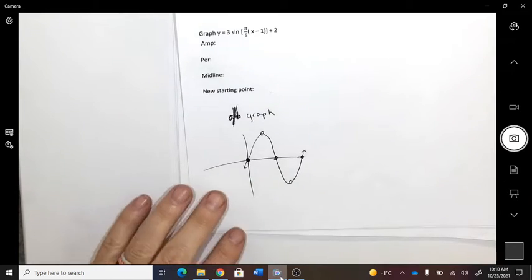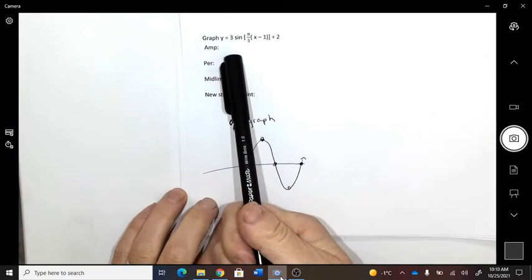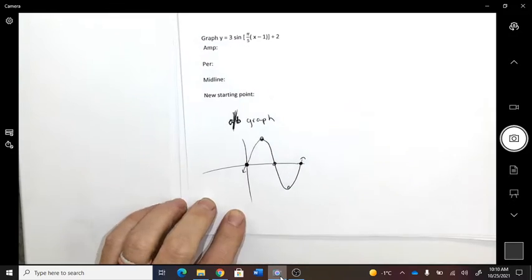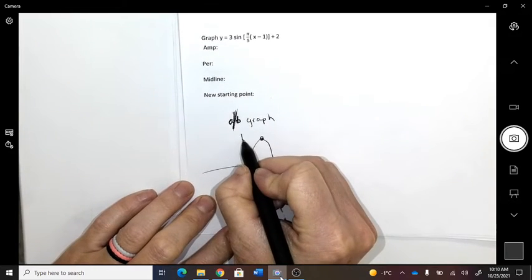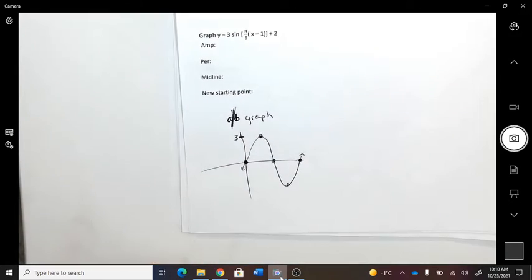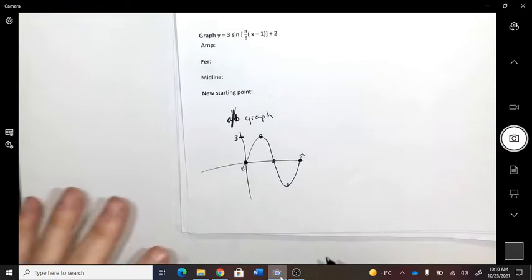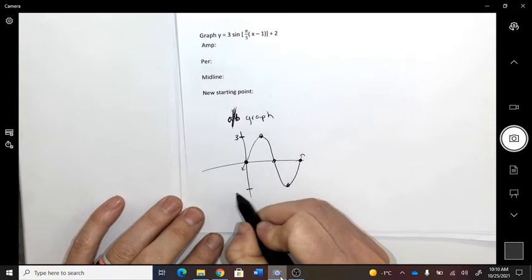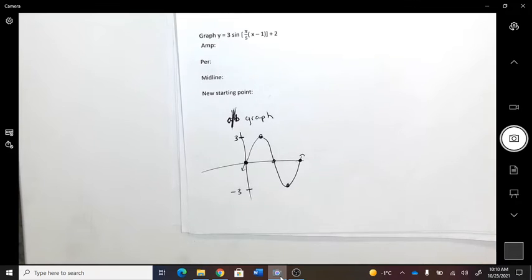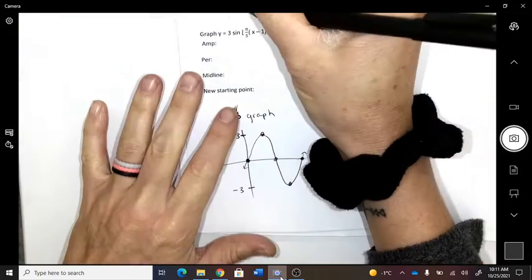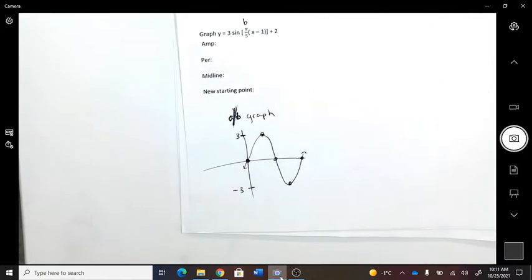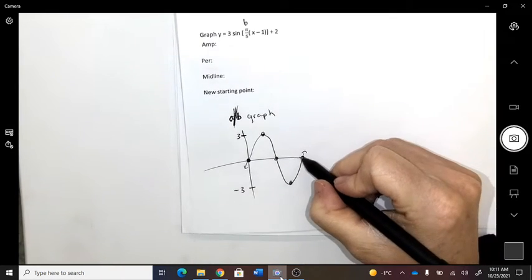A is 3. So what do I know right now? I know this max height is now 3 instead of 1, and this is now at -3. So the B is that value. Normally we do x divided by b.